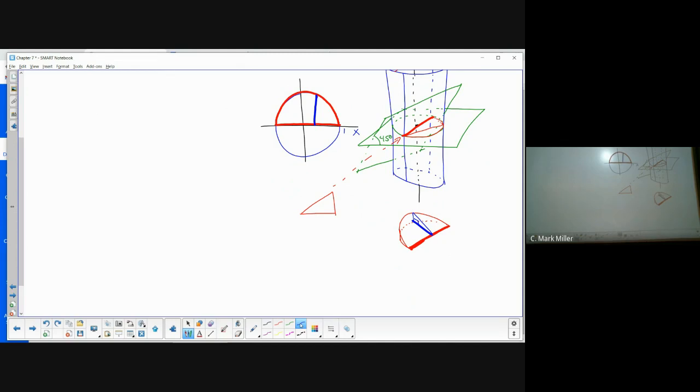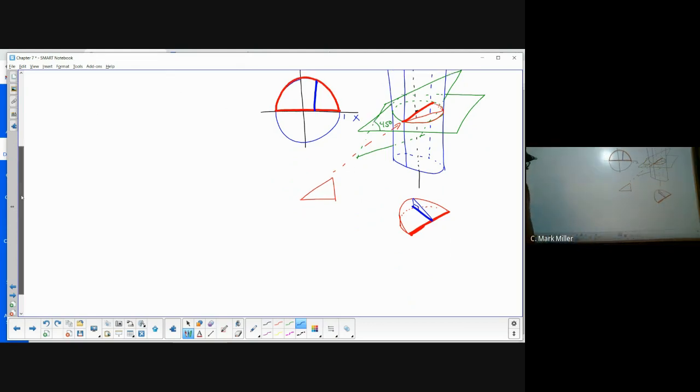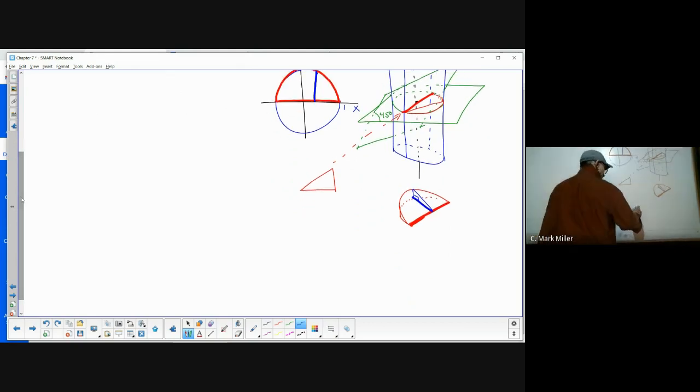There's all kinds of ways. The point is you have a cross section. And now you have to ask yourself, what is the area of this triangle? Well, that triangle looks like this. That thick base is here.